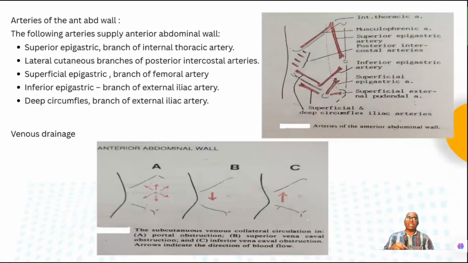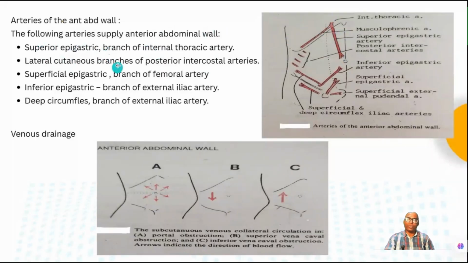Now what are the arteries of the anterior abdominal wall? It is mainly supplied by the internal thoracic artery, the external iliac and femoral arteries, and the posterior intercostal arteries. This internal thoracic artery coming from here will give the superior epigastric.